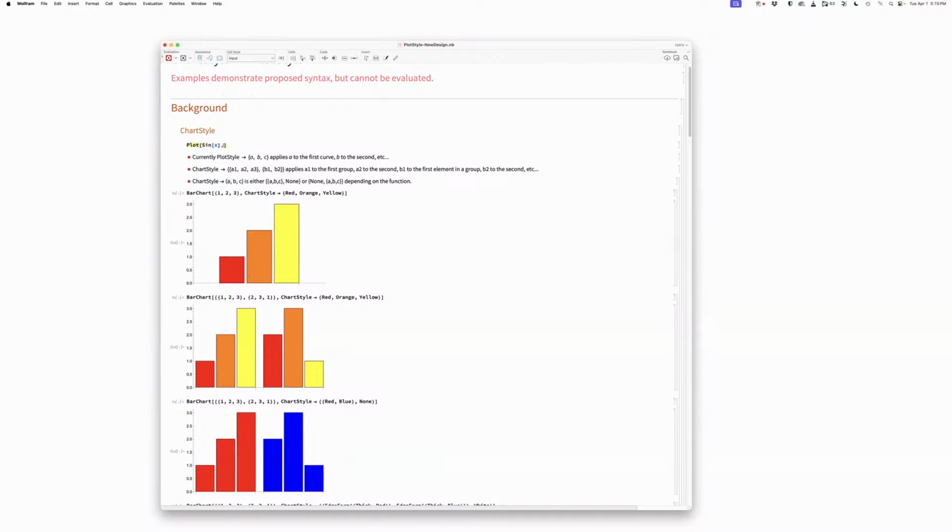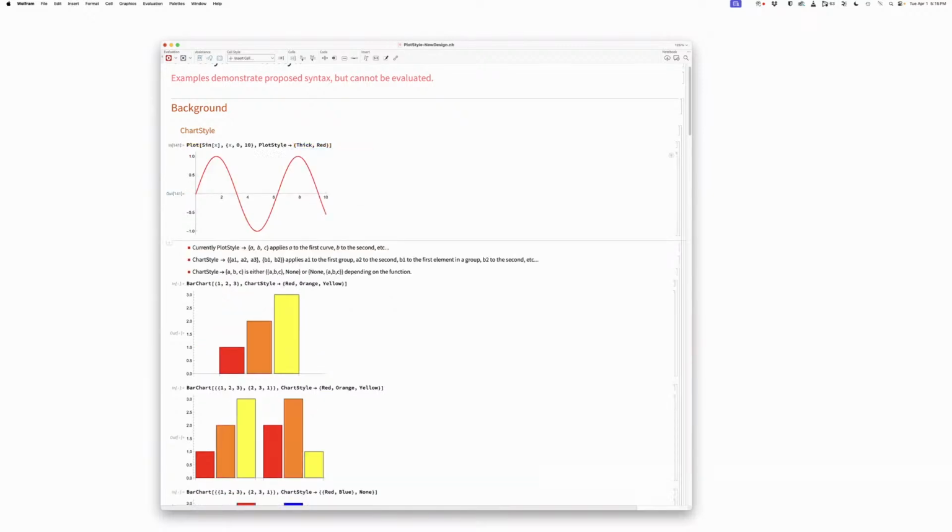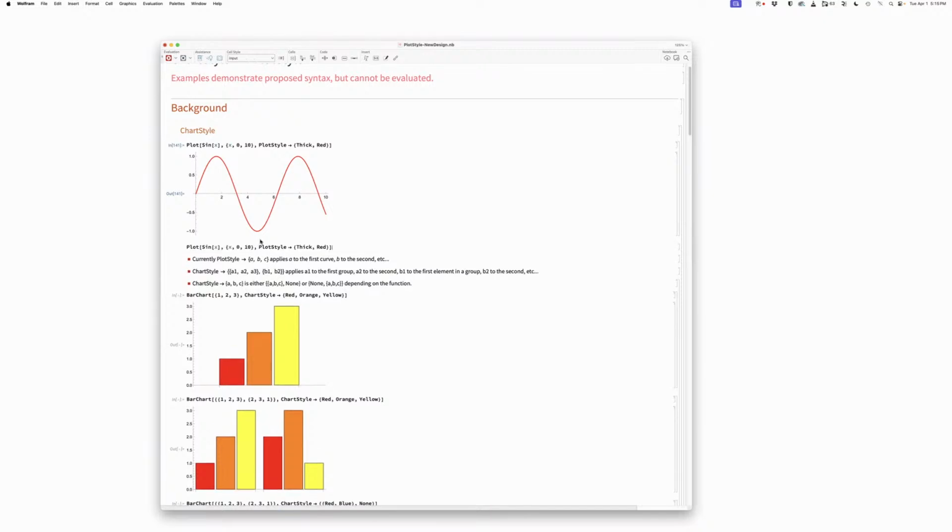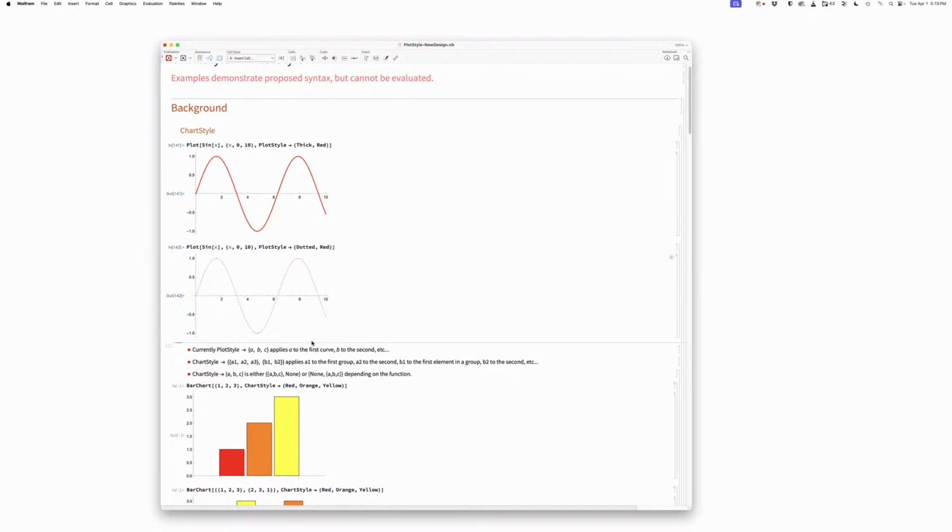If I say PlotStyle -> {Thick, Red}, I would just get thick and not red? No, this is right. PlotStyle is different based on whether you have one thing or not one thing in the input.